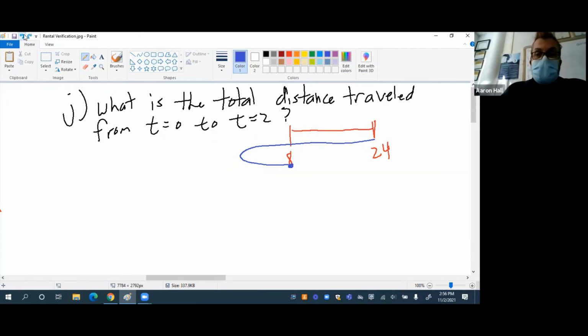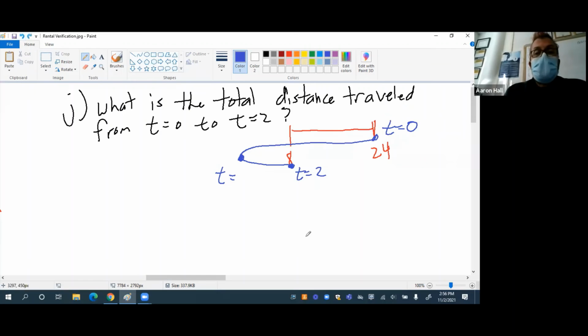So this is t equals 2. Sorry, 0. This is t equals 2. What is this? T equals what? This is t equals 0.